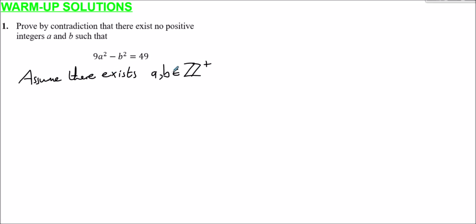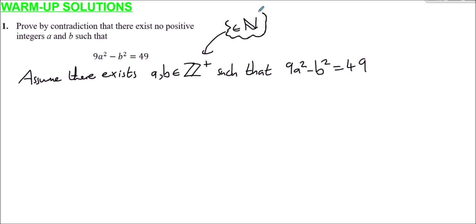So assume there exists a, b, where they're integers greater than 0, such that 9a squared minus b squared equals 49. So this is our setup. Instead of Z plus, we could also have said natural numbers, because positive integers are essentially the natural numbers.